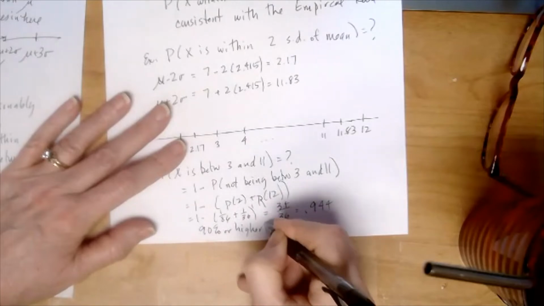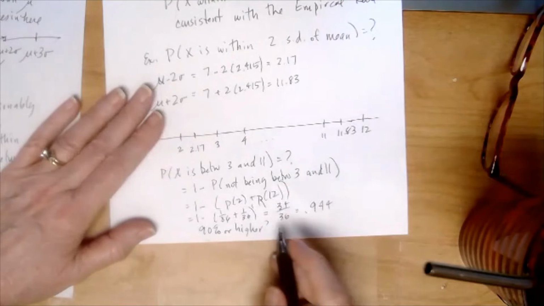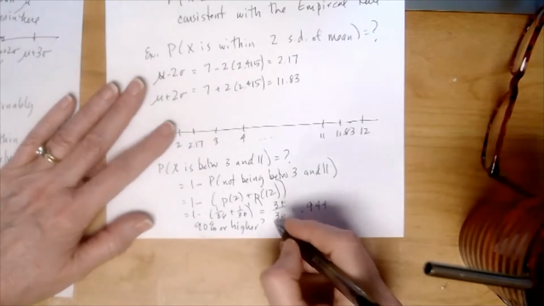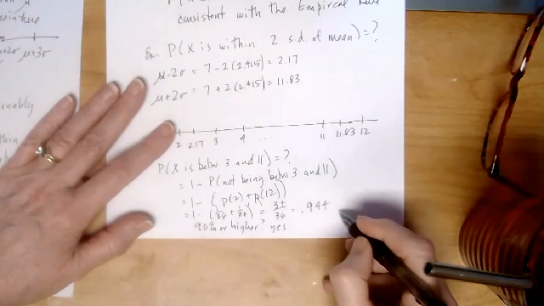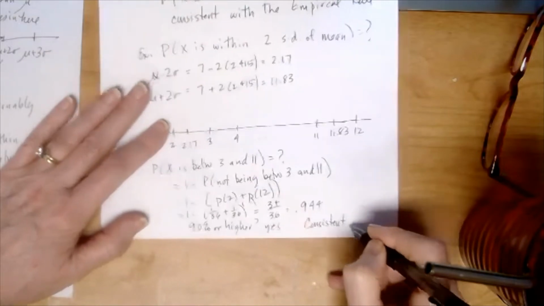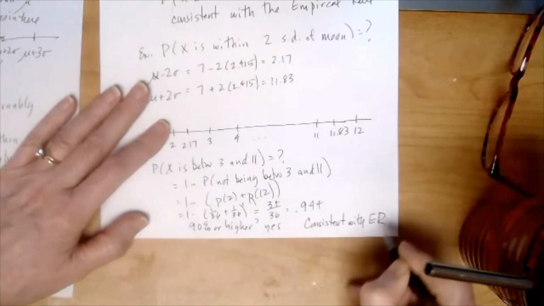Yes, it is. 94.4% of the time, we will be within 2 standard deviations of the mean. So this is yes. So again, this is consistent with the empirical rule, which I'm just going to write ER because I'm out of space.